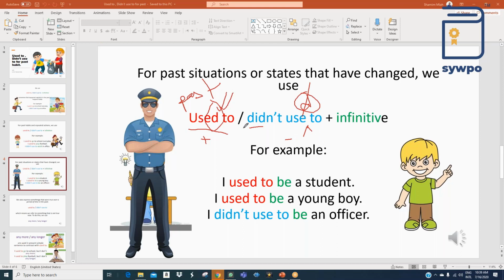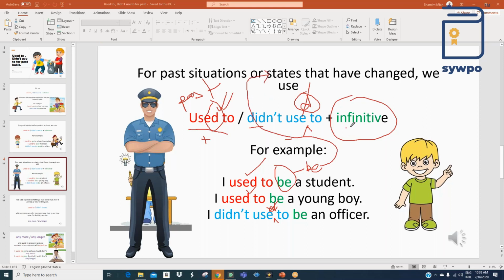What you have to remember, when you write a negative sentence, there shouldn't be any D here. But when you write a positive, D is necessary. And after used to, you must use the infinitive verb or the be form of the verb, right? If you use the be form of the verb, you are talking about states.